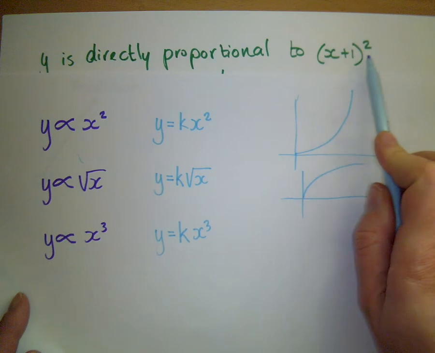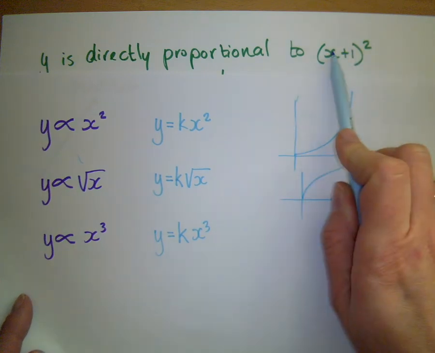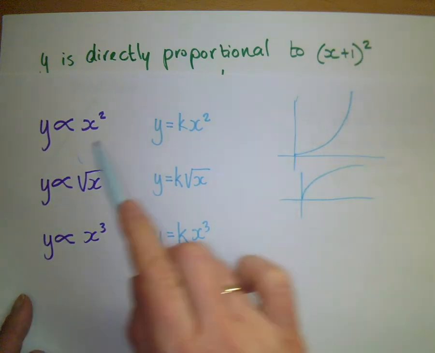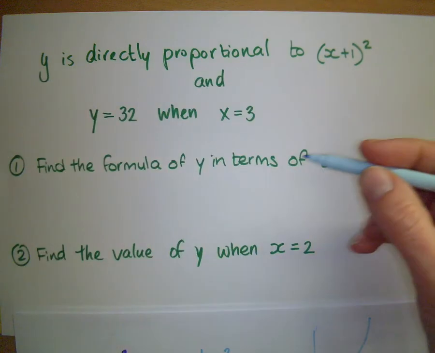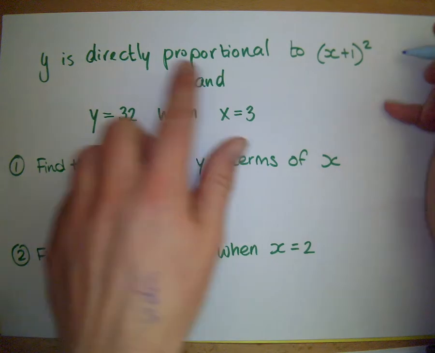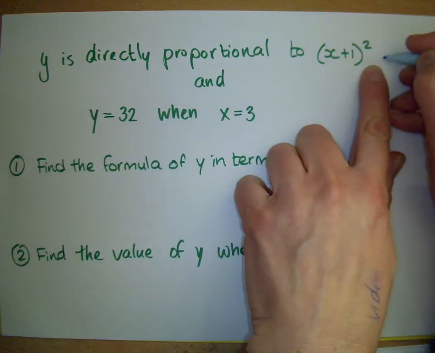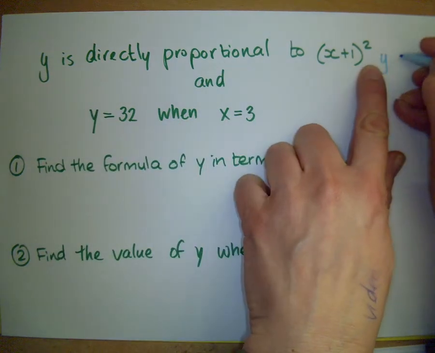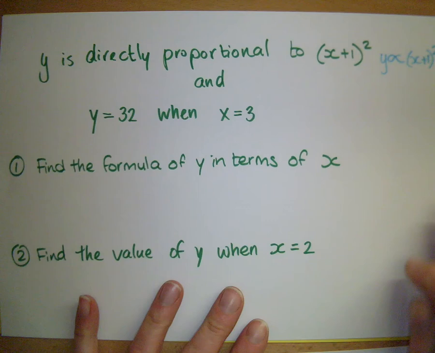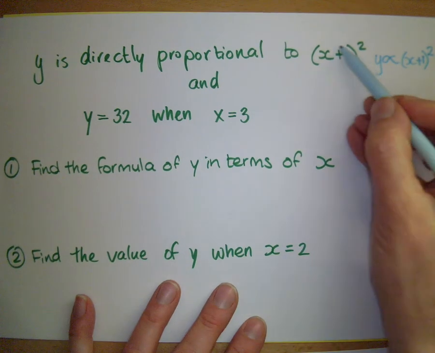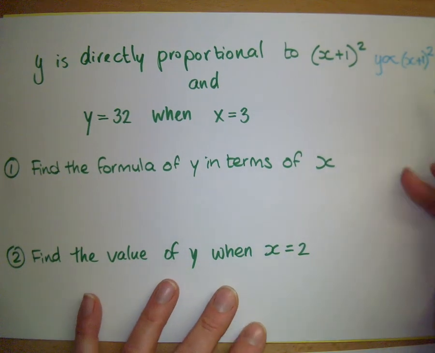This is a lot like it, except it is now proportional to x plus 1 squared, which really comes down to basically the same thing, except if we were to write this statement using our directly proportional symbol, we would say y is directly proportional to x plus 1 squared, right? So we put that directly in there.